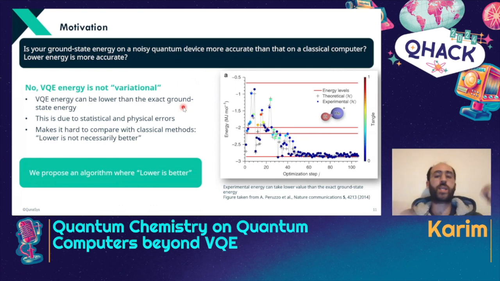Those measurement errors can make you violate the variational principle, which means you can find ground state energies that are actually lower than the real exact energy that you would get if you knew how to do the exact computation. You can see this already in this graph, where some of these stars are below the exact value, which is the red line.